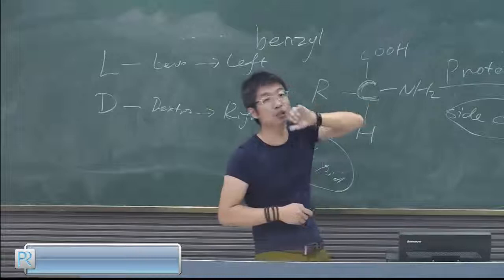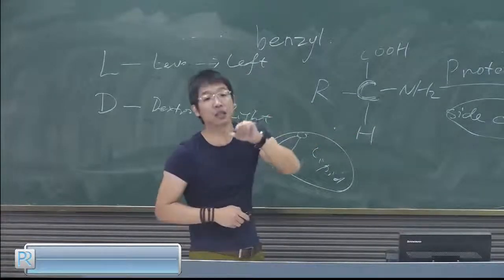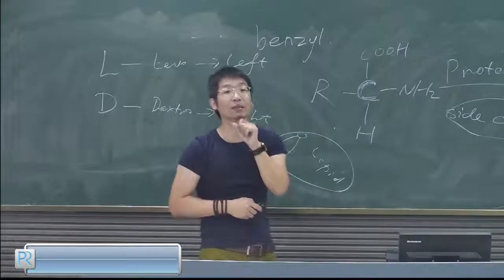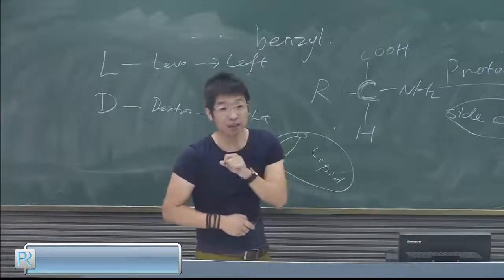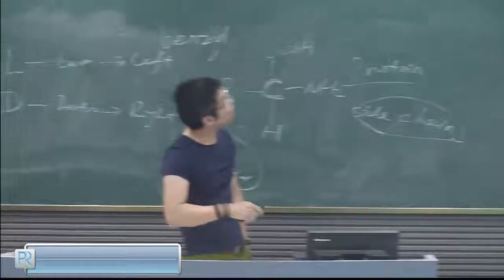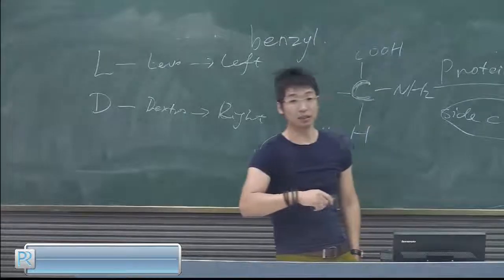In the charged group, there are two different forms of charged amino acids. One is positively charged, another one is negatively charged. Here, there are three amino acids that are positively charged.